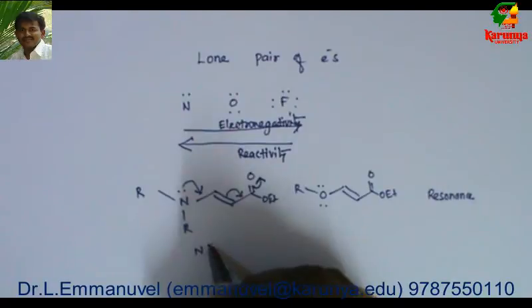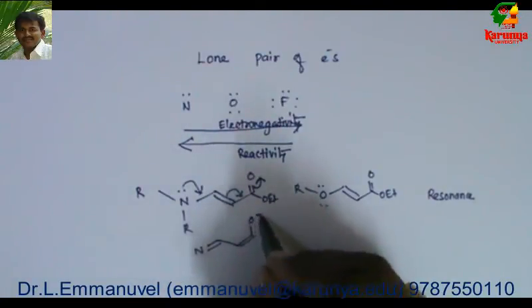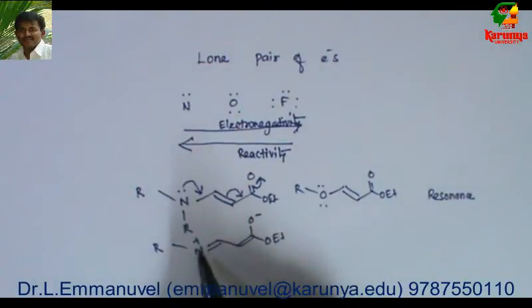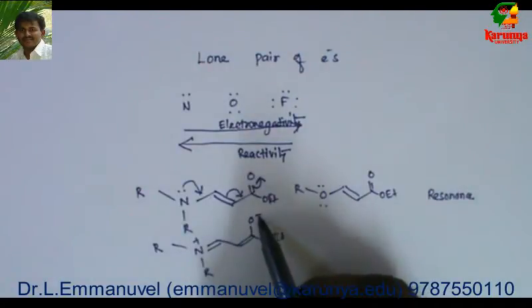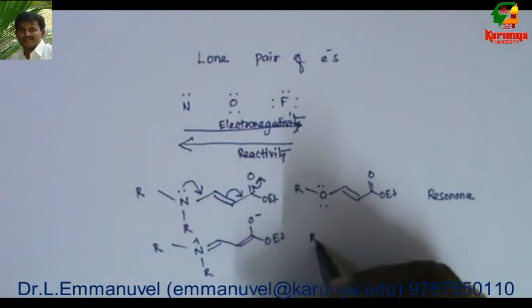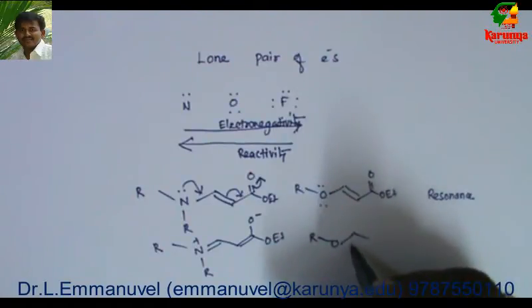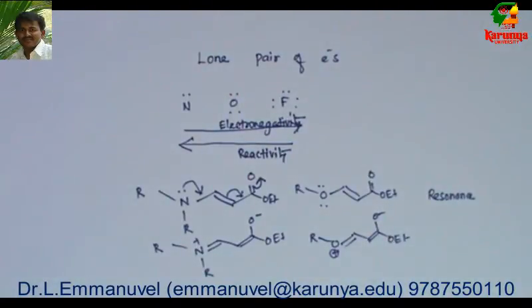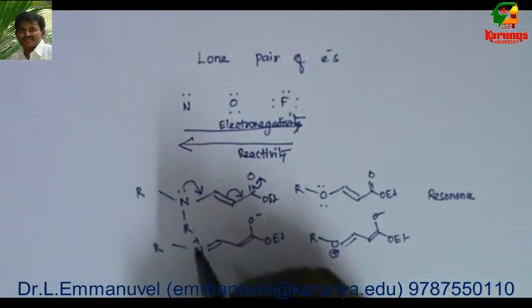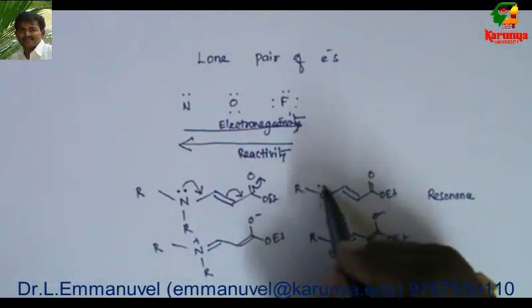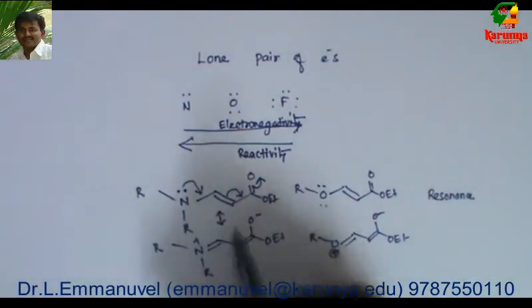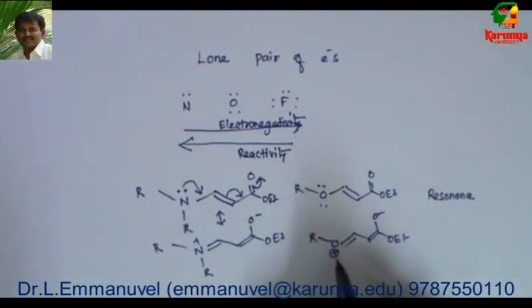As a result, what we get is, you can see here I have got positive charge and minus charge on this. Similarly, like this. Now, what about the nucleophilicity of this lone pair of electrons? You can see clearly in this, the lone pair of electrons is not available on nitrogen or oxygen.